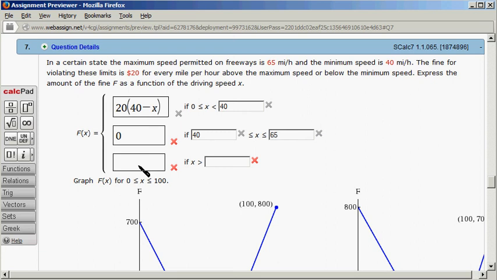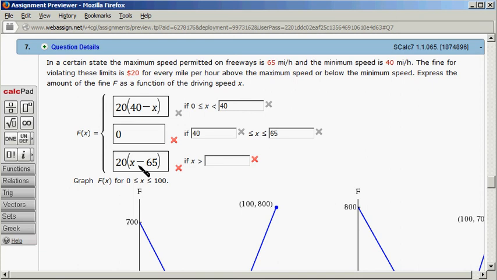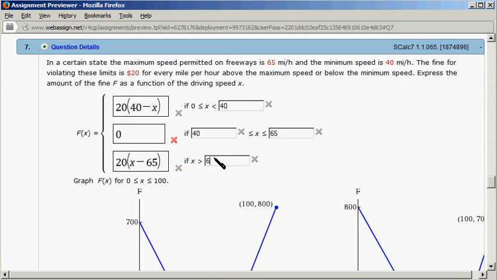And if you're going too fast, it's 20 times X minus 65, and this is for X over 65 miles per hour. So this is the piecewise defined function we are looking for.